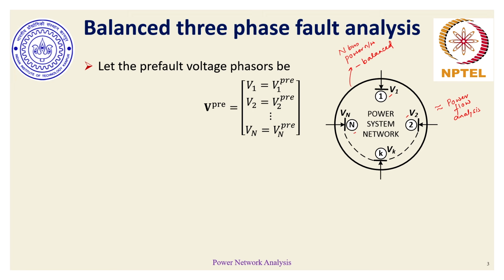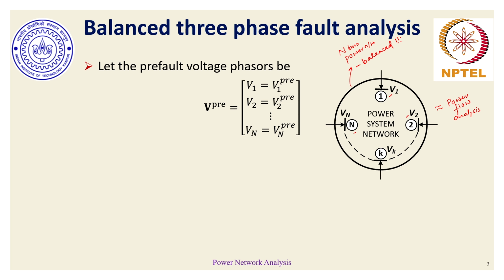Those of you who are eager to know more can refer to those lectures, or you can wait till the next lecture where we will discuss in detail what balanced and unbalanced mean. So essentially I am assuming that this n-bus network is operating in a balanced condition.